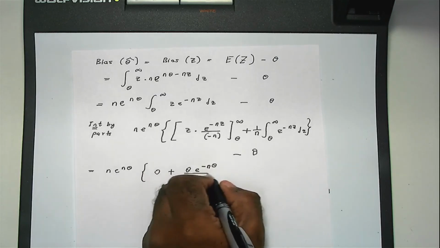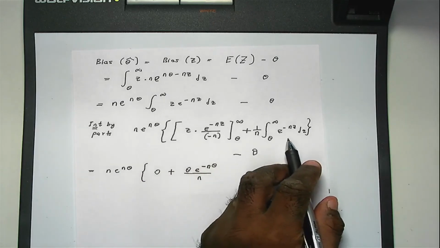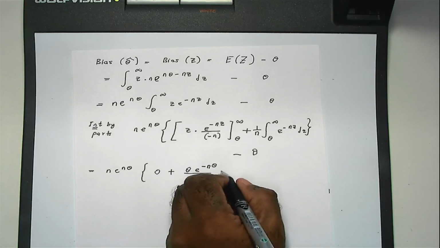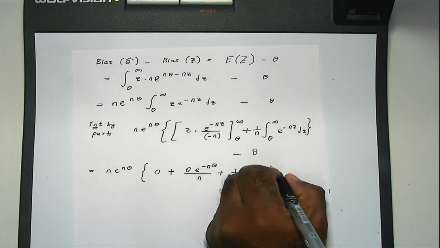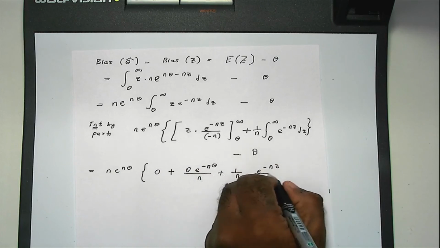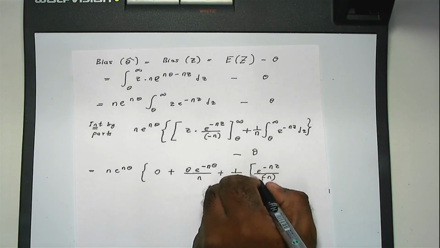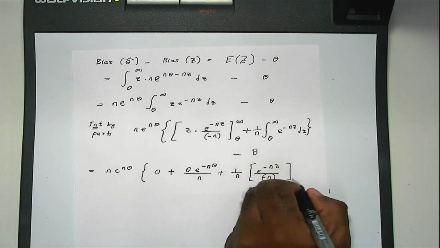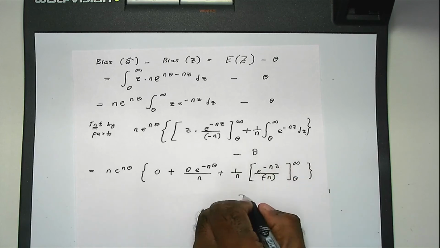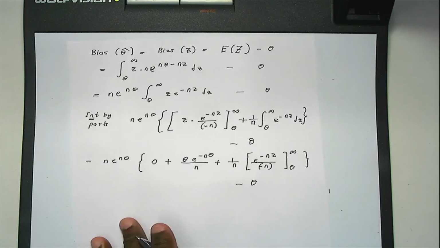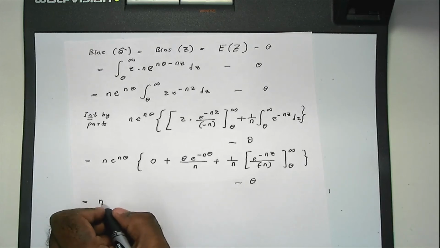Then you have to integrate this, which is not difficult, and take the limits from theta to infinity. Then minus theta, of course, don't forget. Then you have n, e to the power of n theta.